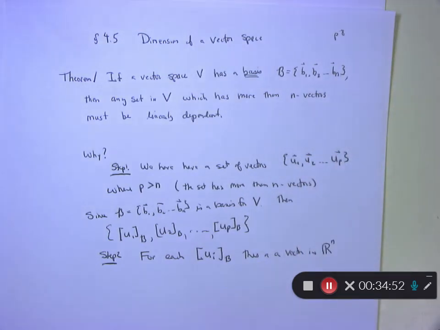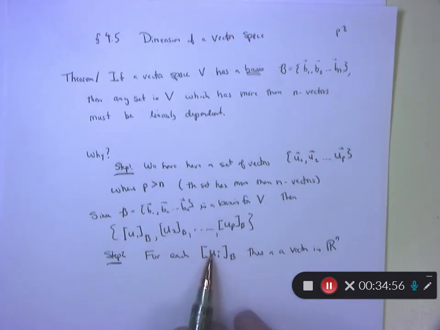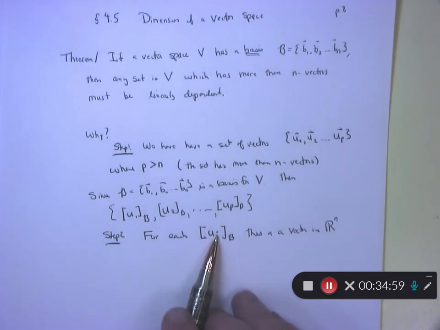And remember we talked about this with n vectors, and this is the coefficient, right? The coordinate vector, which is the coefficients.